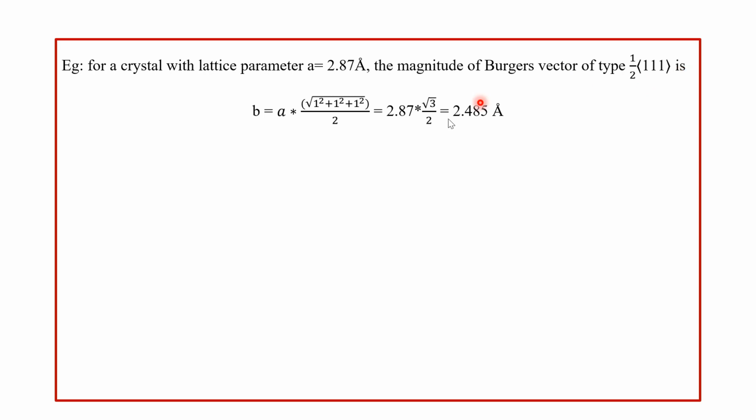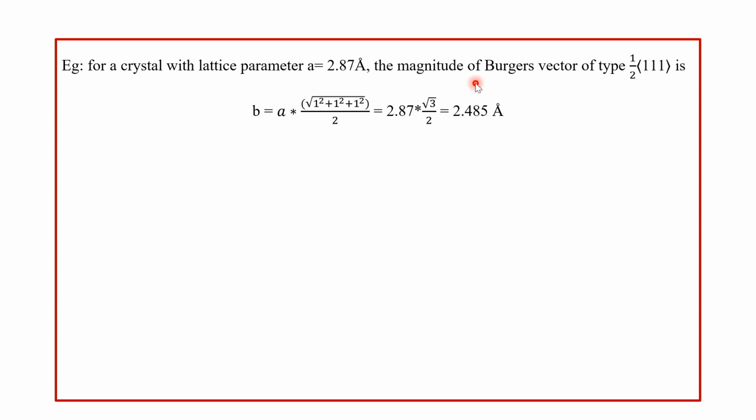How do we calculate the magnitude? We multiply a by the root of the sum of squares, that is, the root of 1 squared plus 1 squared plus 1 squared, divided by 2. Since it is half of <111>, the 111 direction is converted into root of 1 squared plus 1 squared plus 1 squared, by 2, and we get the value of b.